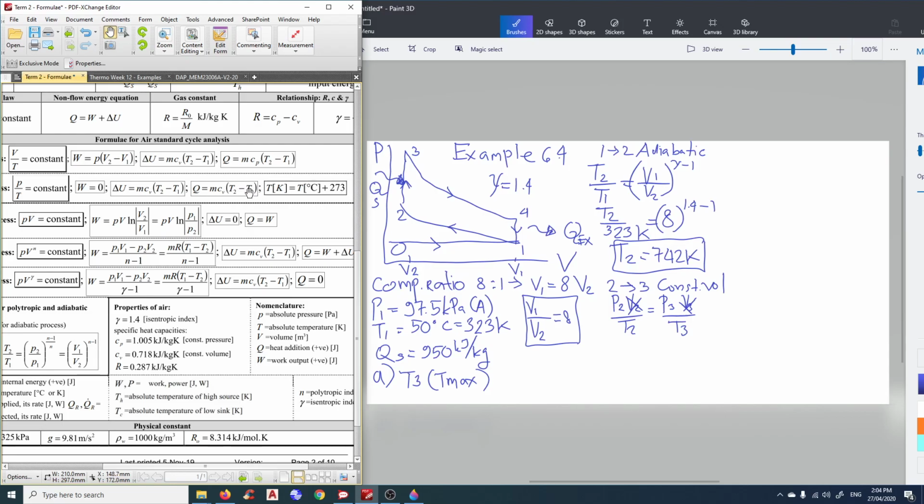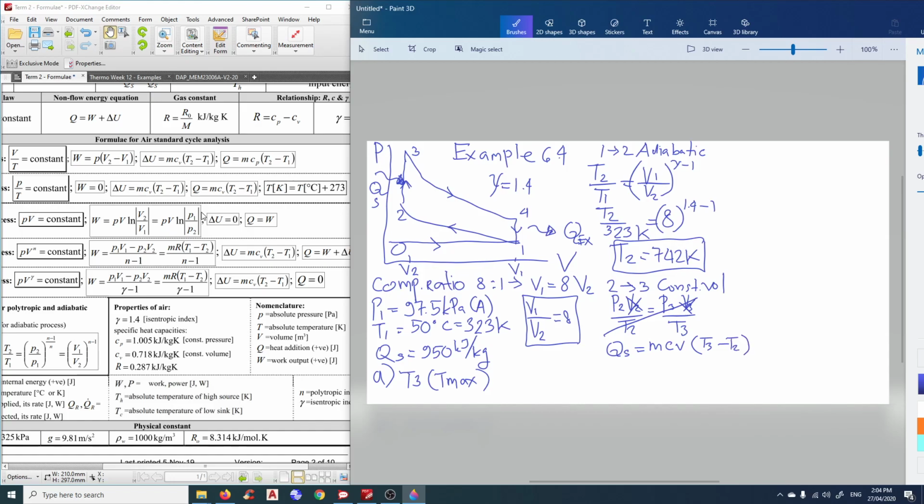So let's use Q supplied equal to m Cv, in this case T3 minus T2.